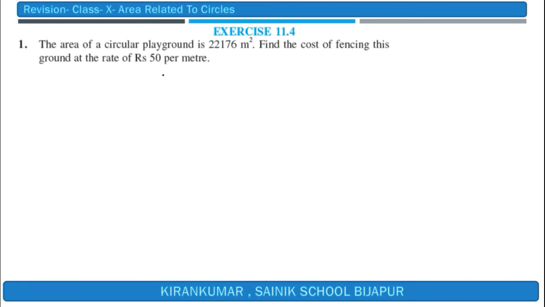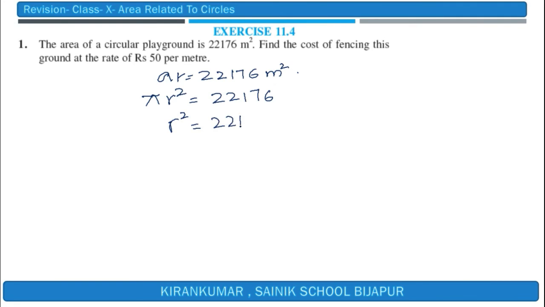Here the area of the circular playground is given, 22,176 meters square. Since it is circular, I know pi r square is 22176. So r I can find. So r square will be 22176 into 7 divided by 22.